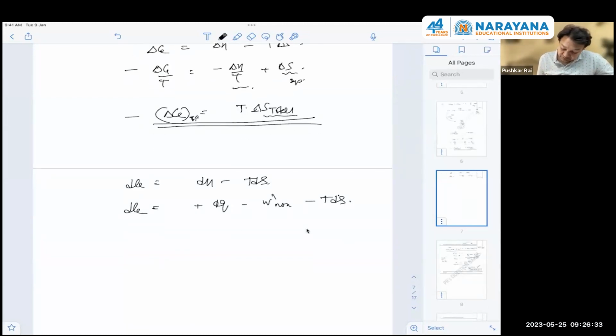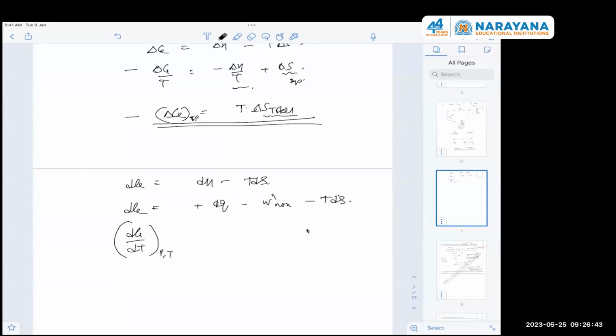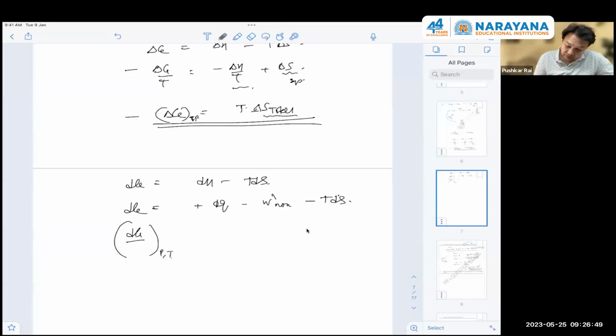Then at this point, if I say dG by T at constant pressure and temperature, okay, we have to calculate it related to entropy. So that will be dq by T minus W dash non-PV by T minus dS.